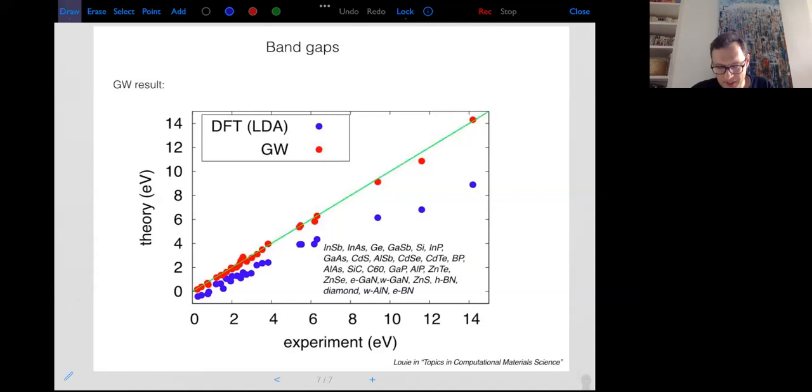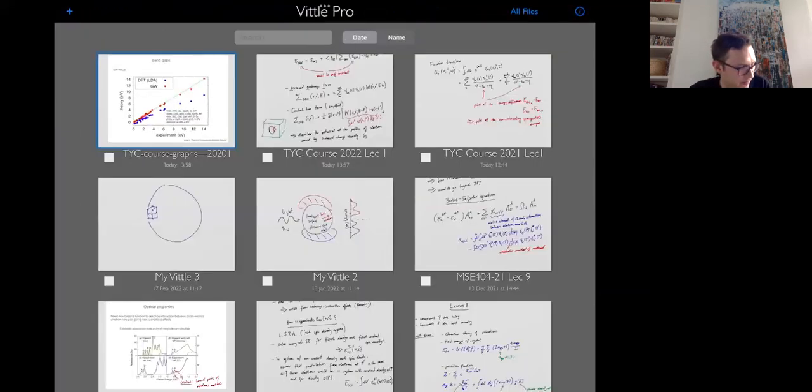So here you see the red dots are the GW corrected values of the LDA band gaps, and you see they lie very nicely on the diagonal. So GW basically overcomes the band gap problem that you have in density functional theory.